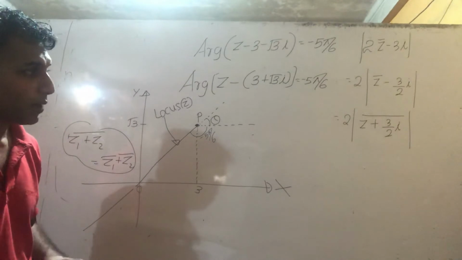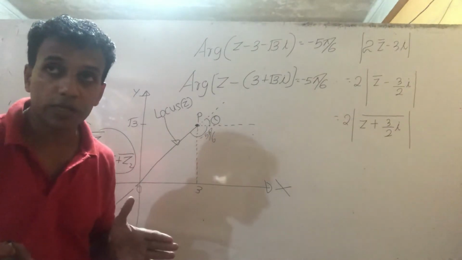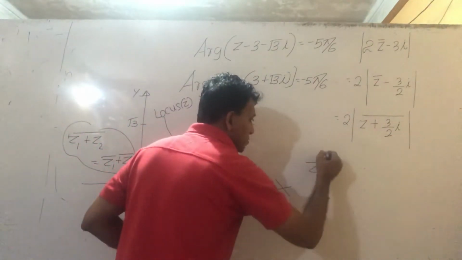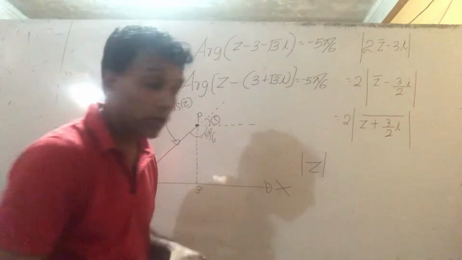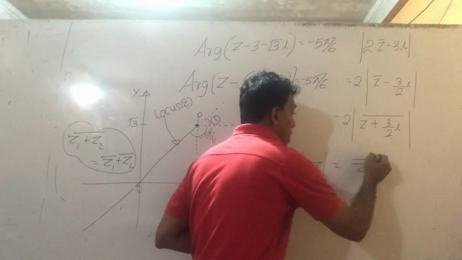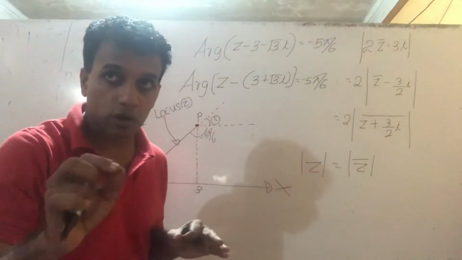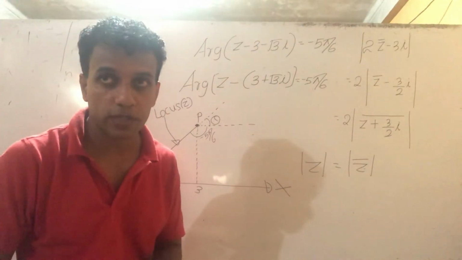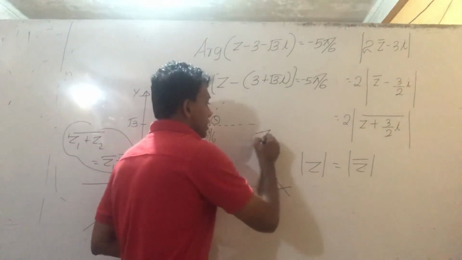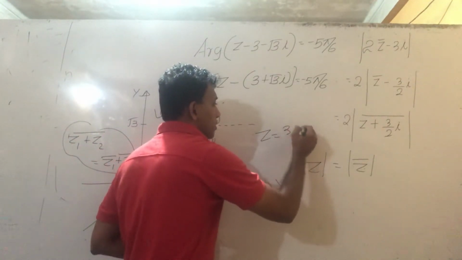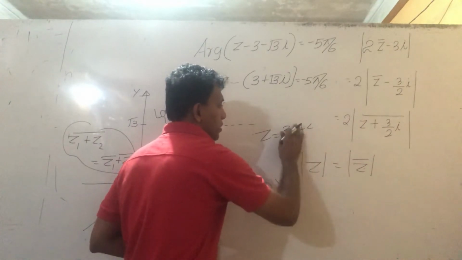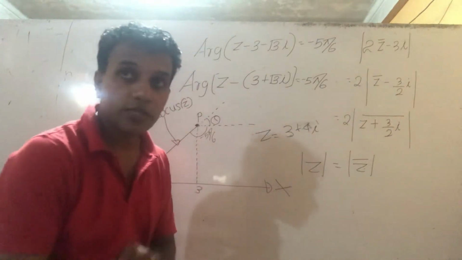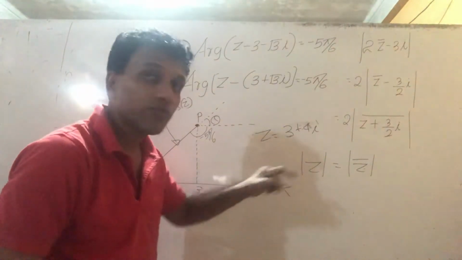Another thing: inside the modulus, it does not matter whether there is a conjugate. That means |z| equals |z bar|. Note this point. I can explain that. If z equals 3 plus 4i, what is mod of z?